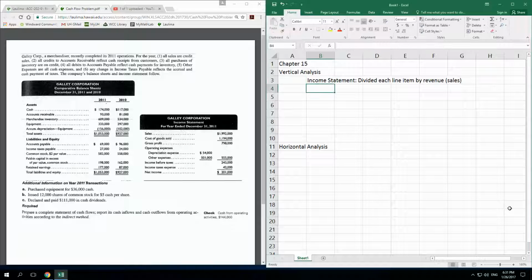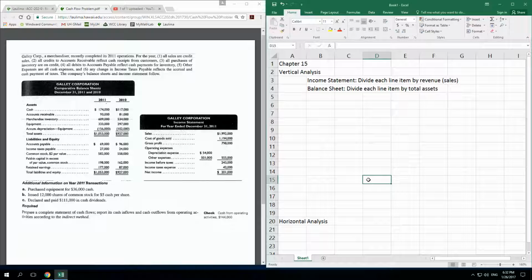And then on the balance sheet, divide each line item by total assets. Okay?